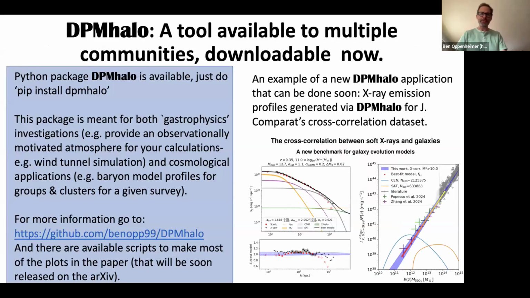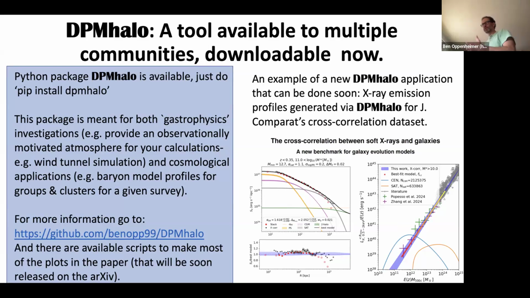Okay, so this is the summary of DPM Halo, which you can make a lot of these plots already, by using pip install DPM Halo, and we want to get the paper out. And I was talking to Johan Comparat, and he's very excited about this because the package is meant for astrophysics investigation.